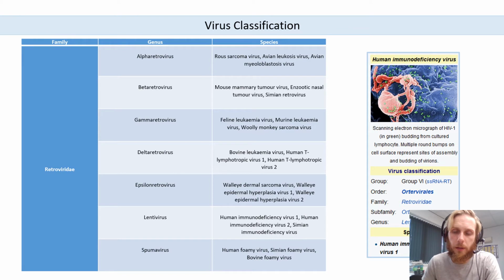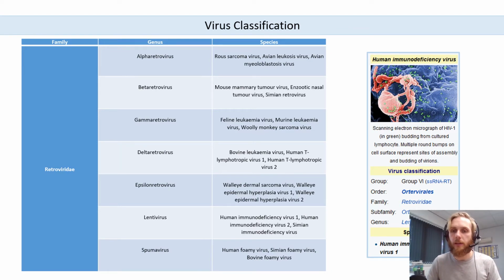Despite the fact we can't classify most viruses into an order, we can classify most viruses into a family. So even the viruses we can't classify into an order, we can usually classify into a family. And a family is essentially just a big group of related species.